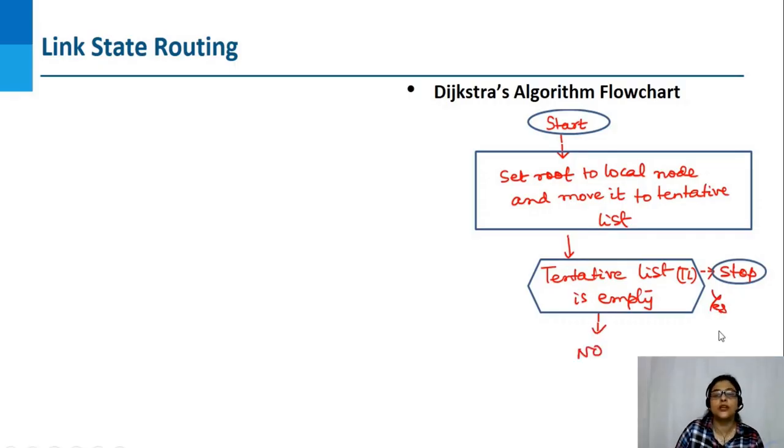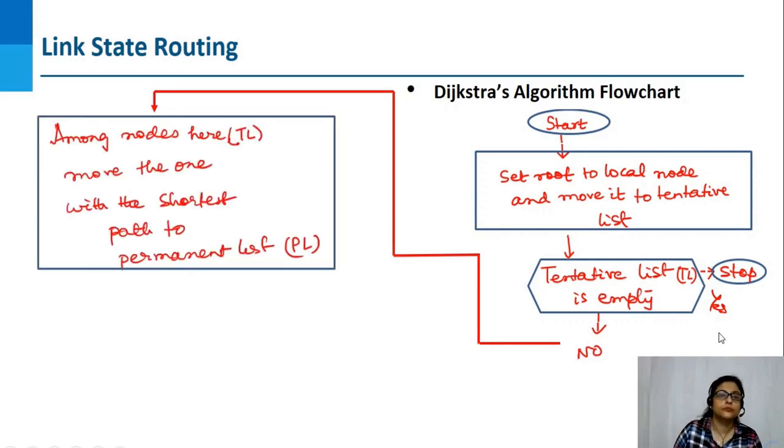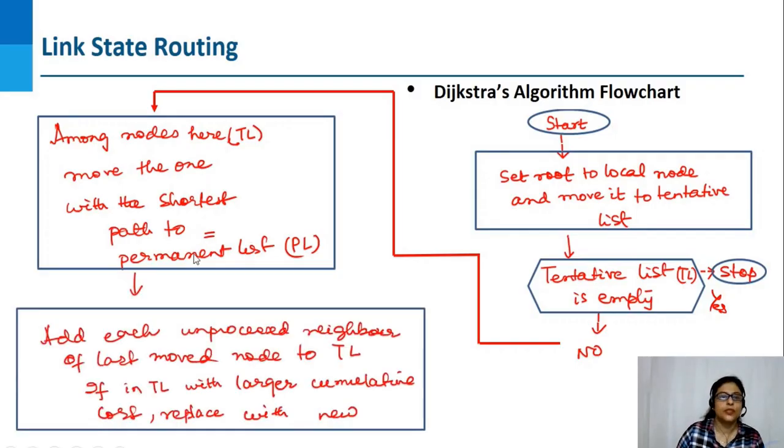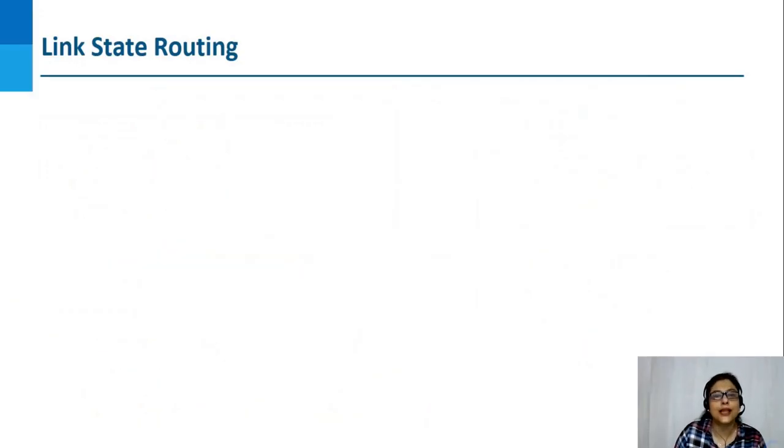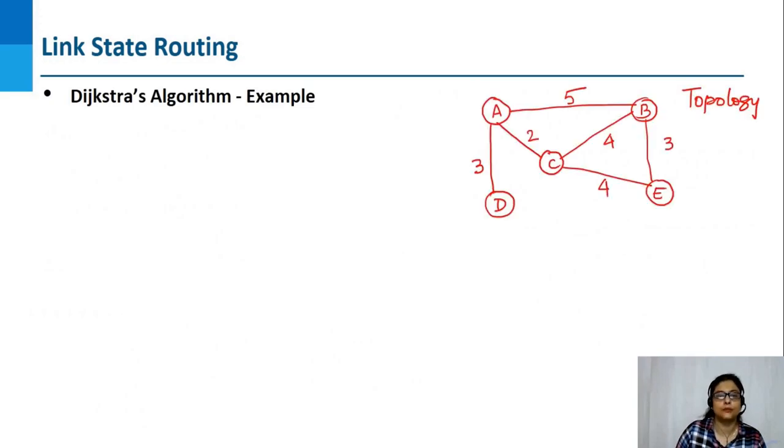But if it is not empty, then among the tentative list nodes, we move the one with the shortest path to the permanent list. And then we add each unprocessed neighbor of the last moved node to the tentative list. If it is already in the tentative list with a larger cumulative cost, then we replace it with the new one.